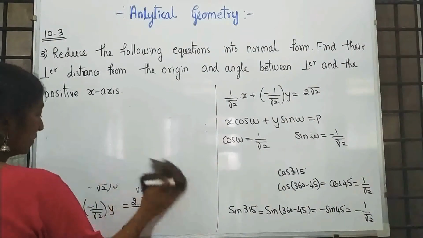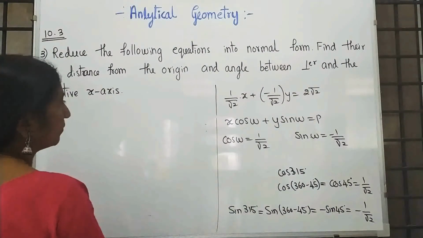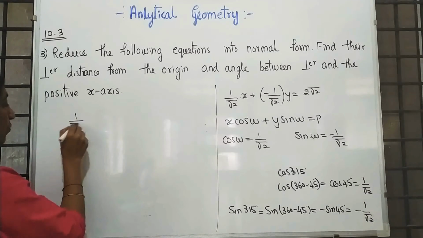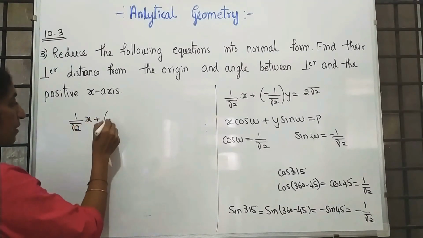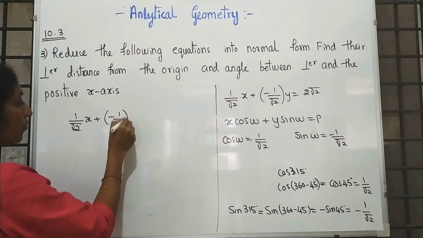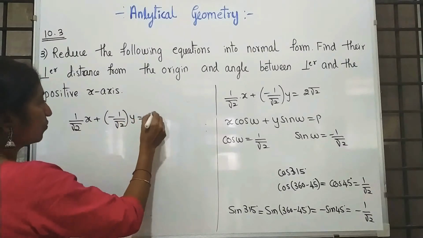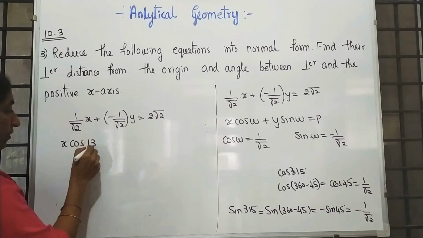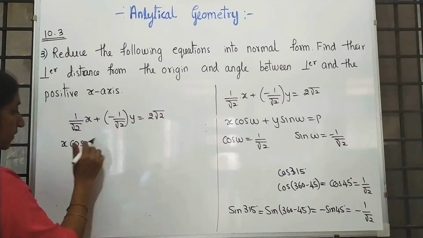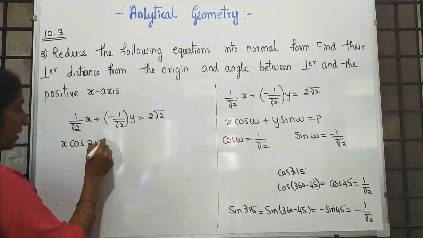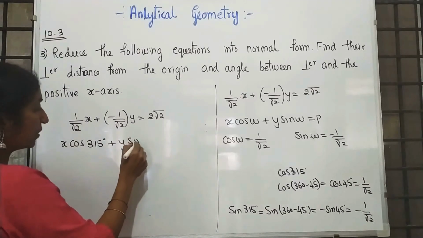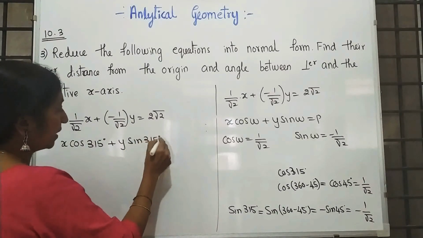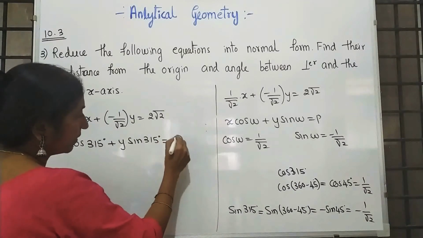Therefore, the given problem 1 by root 2 into x plus minus 1 by root 2 into y is equal to 2 root 2 will be written as x into cos 315 degree plus y into sin 315 degree is equal to 2 root 2.